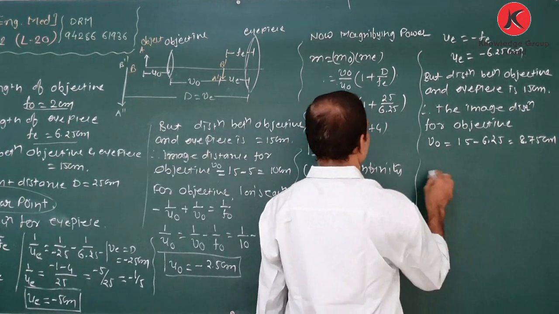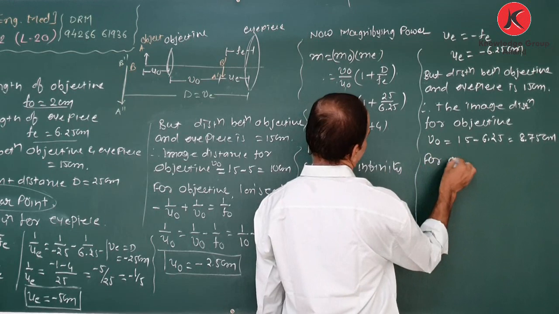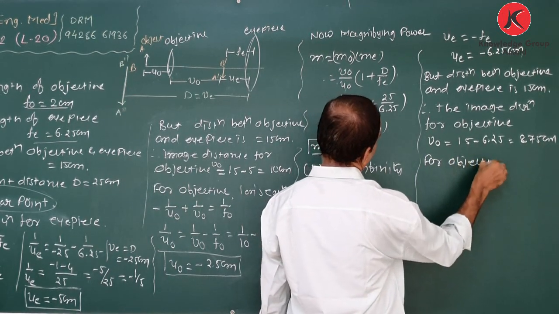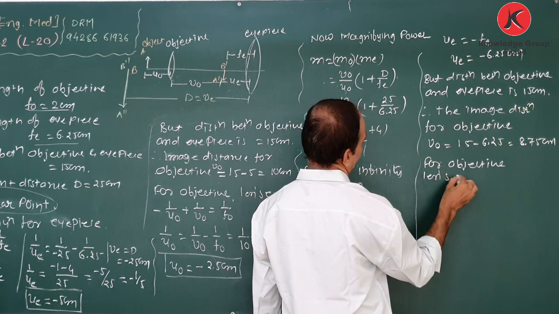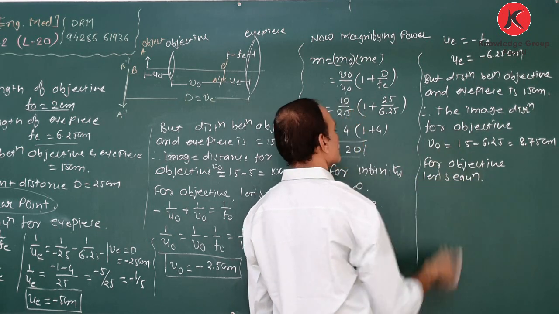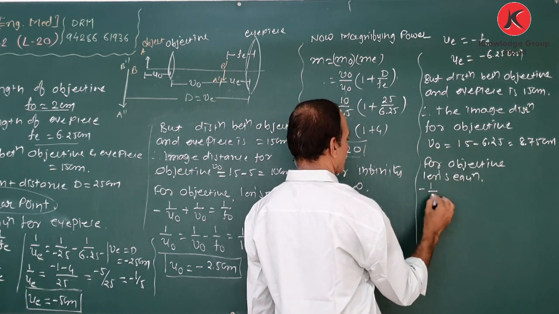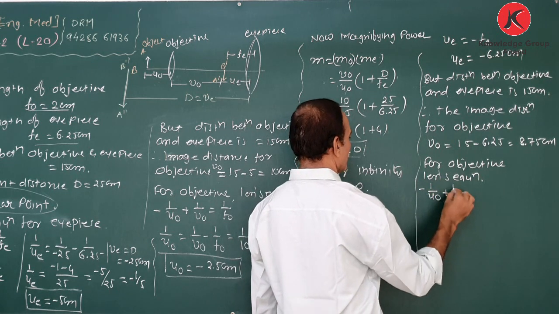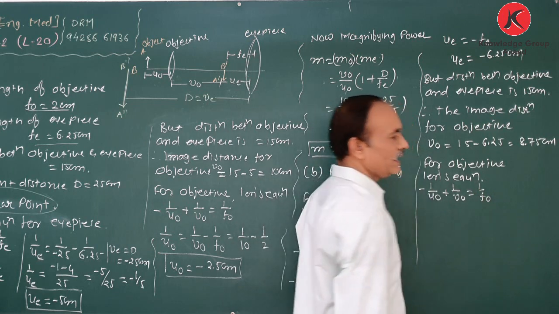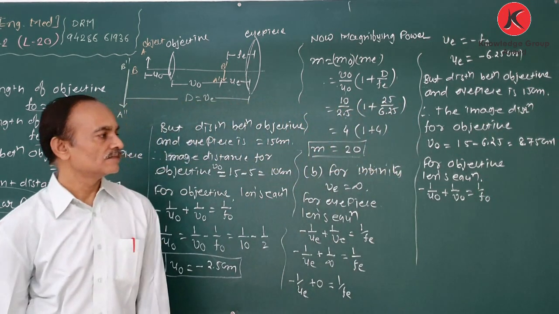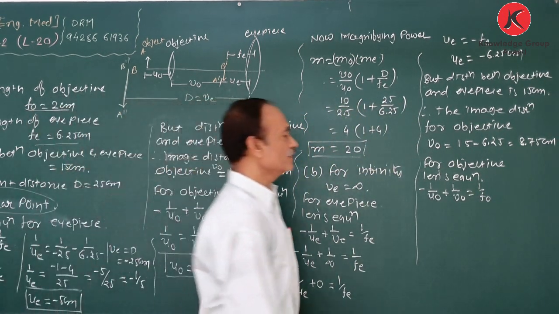Now, for the objective lens equation, minus 1 upon U0 plus 1 upon V0 is equal to 1 upon F0. So here we substitute the values.